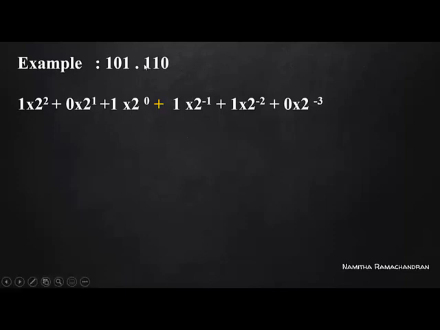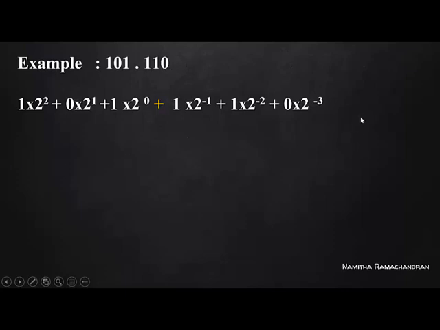Then consider the fractional part. 1 into 2 to the power minus 1. The positional value of the next 1 is 1 into 2 to the power minus 2. And the positional value of this 0 is 0 into 2 to the power minus 3. All these are the positional values of each bit present in this number.